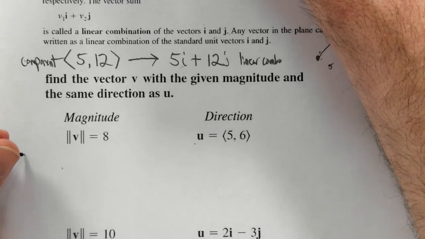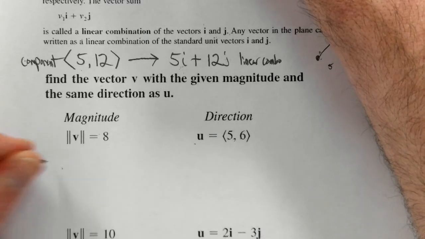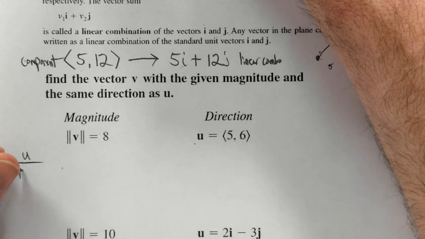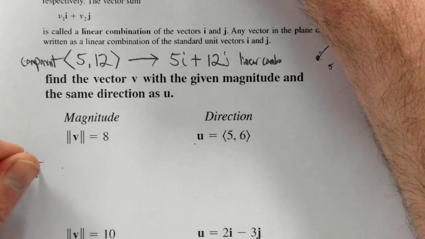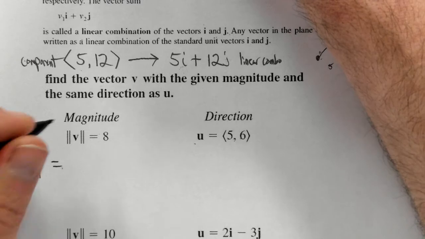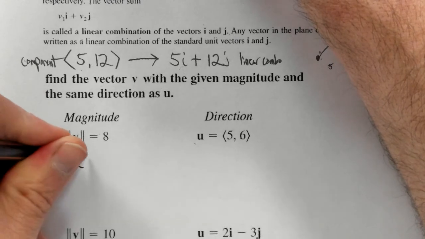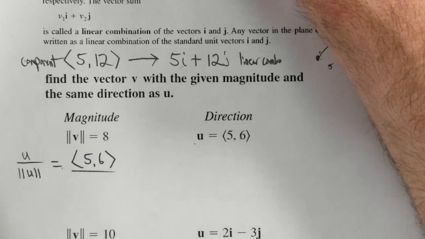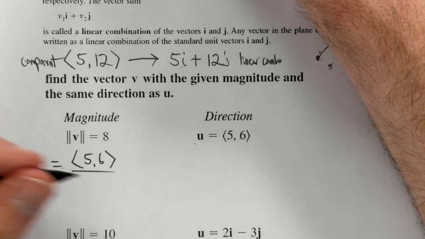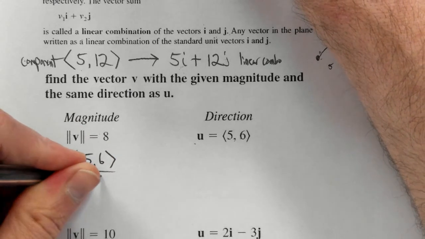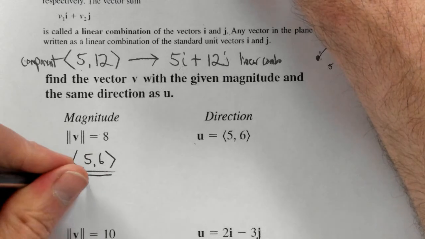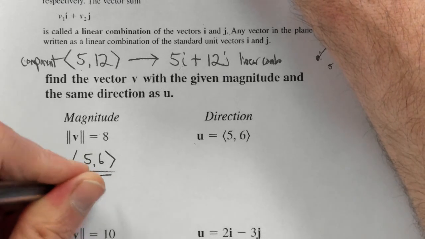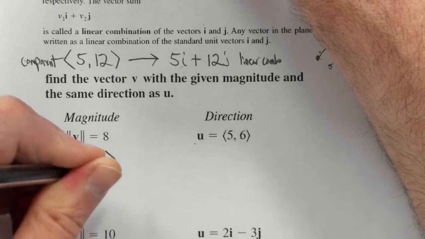So again, the first thing I want to do is take this and turn it into its unit vector by dividing it by its magnitude. So I'll have 5, 6. We'll divide it by its magnitude, which is the square root of 5 squared plus 6 squared.